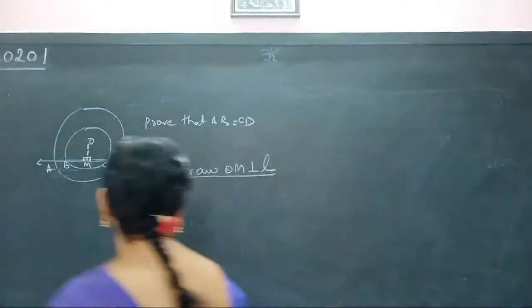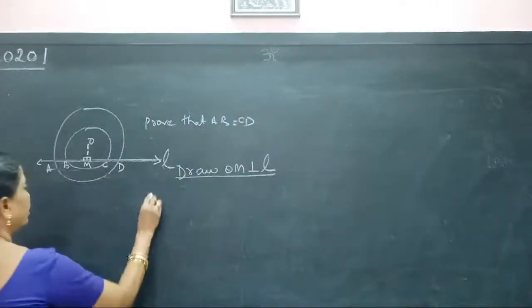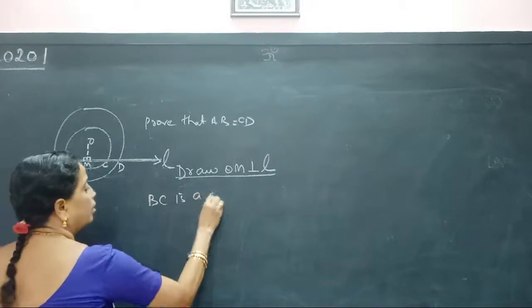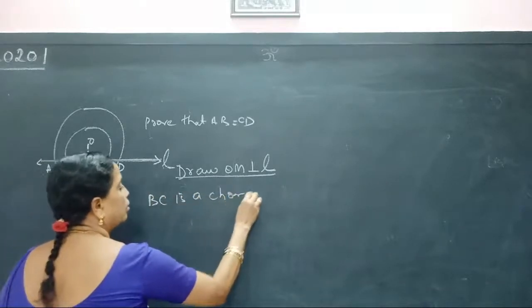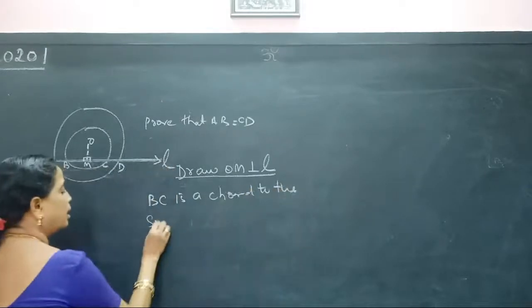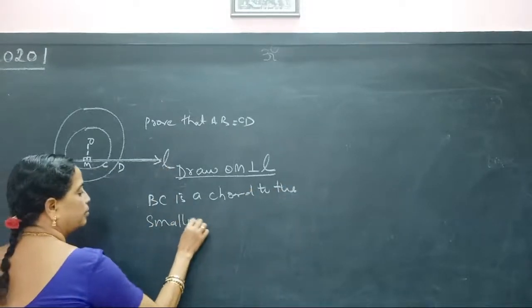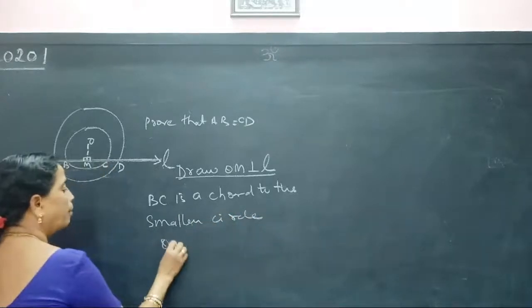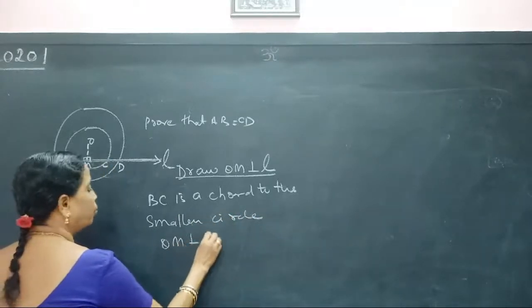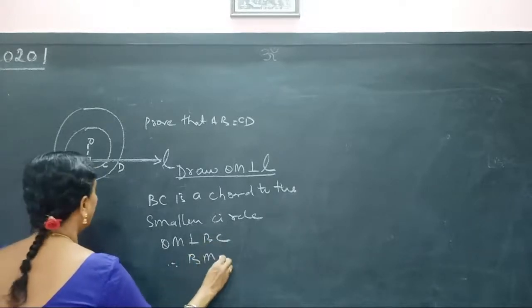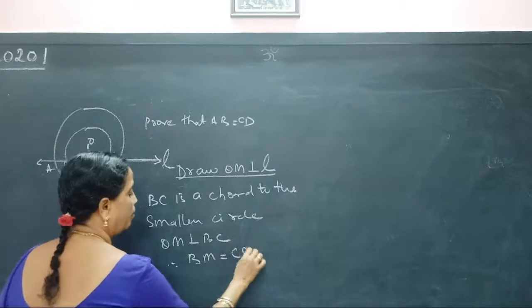When I draw OM perpendicular to L, BC is a chord to the smaller circle. OM is perpendicular to BC, therefore BM equals CM.